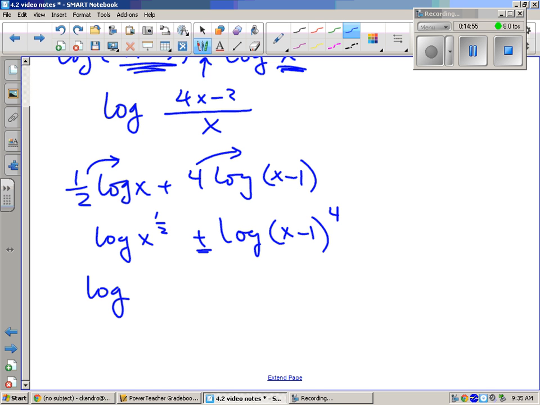We have a plus sign, so it's going to be multiplication. Now x to the 1/2 can be written as square root of x. I'm going to take it either way, but then turn your plus sign into a times, and then you have x minus 1 to the fourth. And then you need brackets around all of that to say that it's the log of everything.